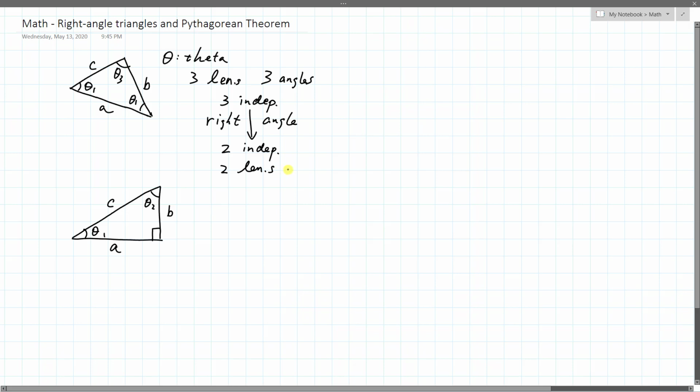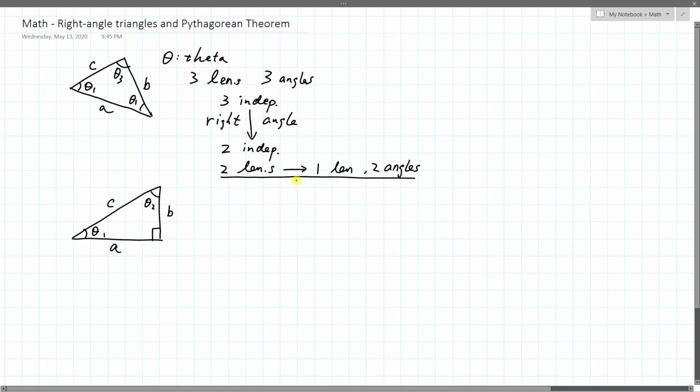So with two lengths, we find one length and two angles, because the third one is the right angle. So how do I execute this? Given two lengths, find the other length and the other two angles.